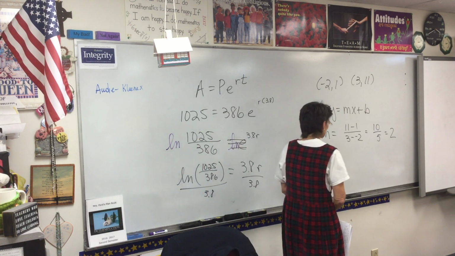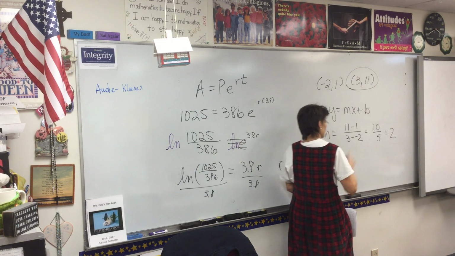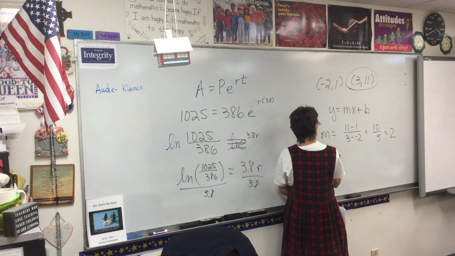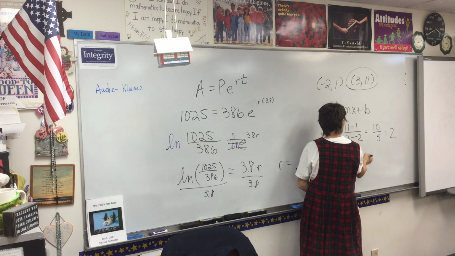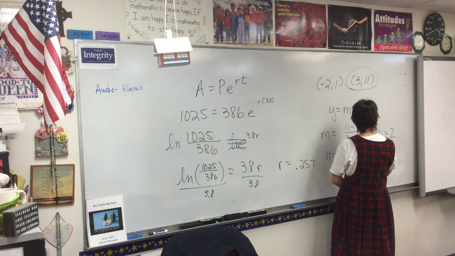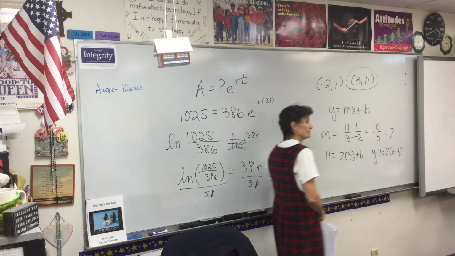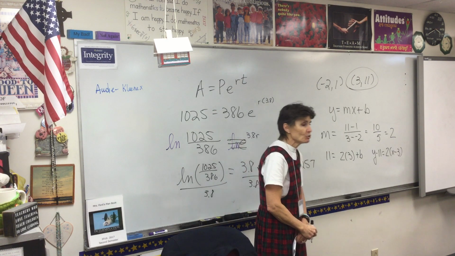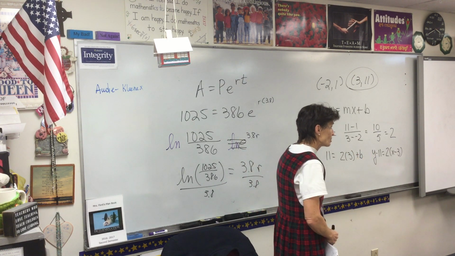Now you're going to pick a point, I'll pick this one. You're either going to say 11 equals 2 times 3 plus b, or you're going to say y minus 11 equals 2 times x minus 3. You don't have to do both. Whichever way works for you, that's what you're going to do.